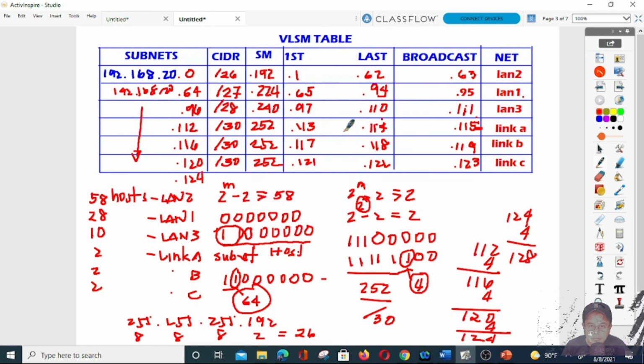So if you notice, the distribution of the host addresses is efficient. From 64, 65 to 94, 95, 97 to 110, 112, 113, 114, all host addresses are being used. There is no waste. If there is waste, only a few host addresses. So this is the concept of VLSM.